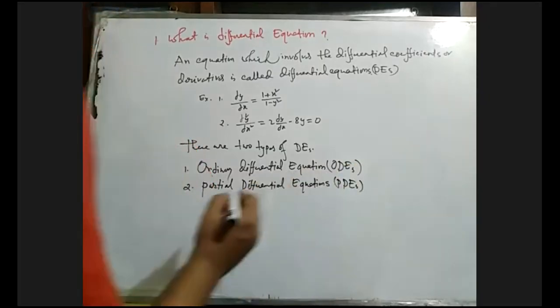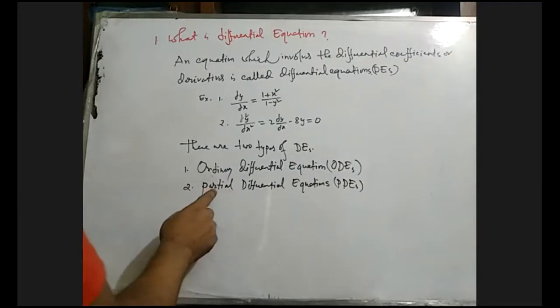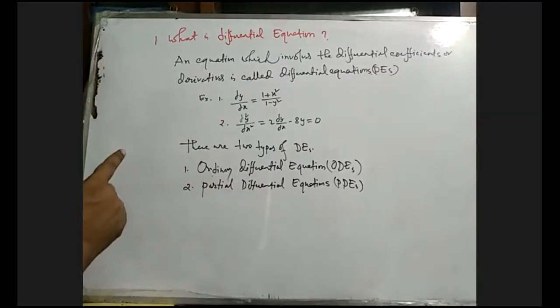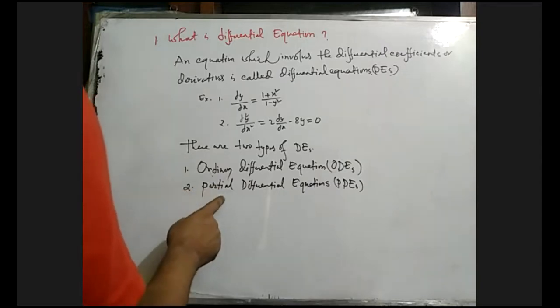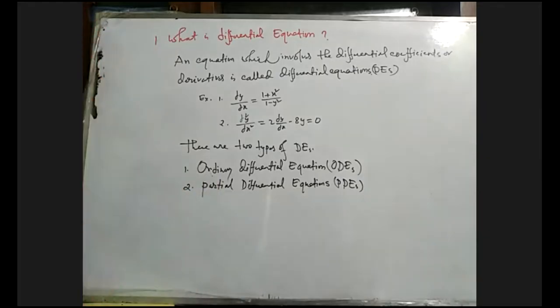Remember it: in ordinary differential equations, there is only a single dependent variable and a single independent variable. But in a partial differential equation, there may be a single dependent variable and more than one independent variable. You have to remember this point.